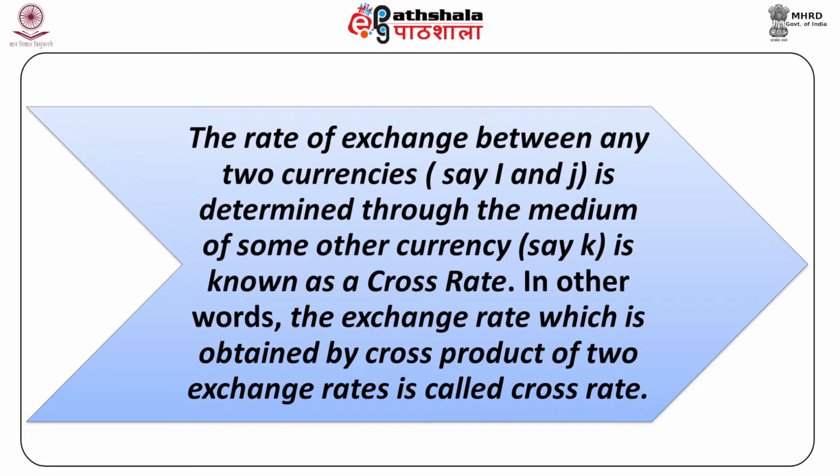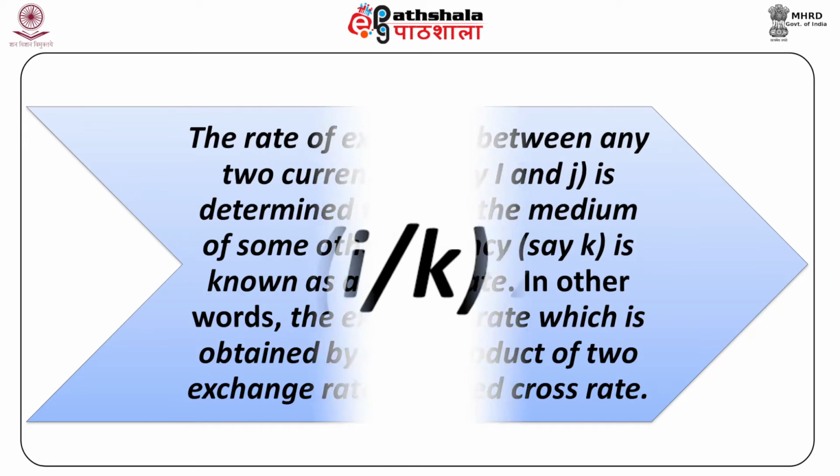The rate of exchange between any two currencies, say I and J, determined through the medium of some other currency, say K, is known as a cross rate. In other words, the exchange rate obtained by the cross product of two exchange rates is called cross rate.